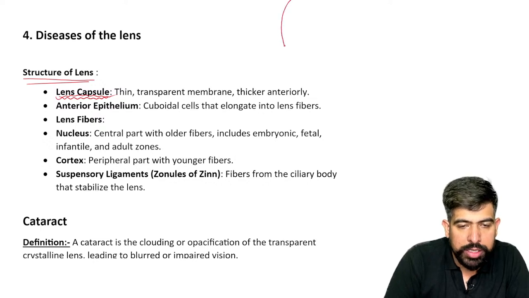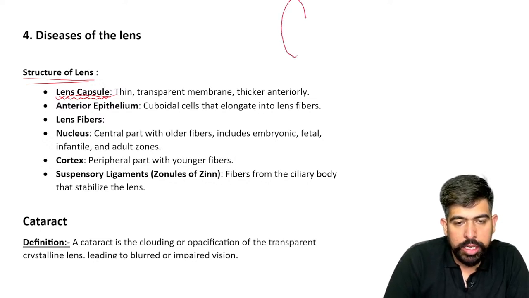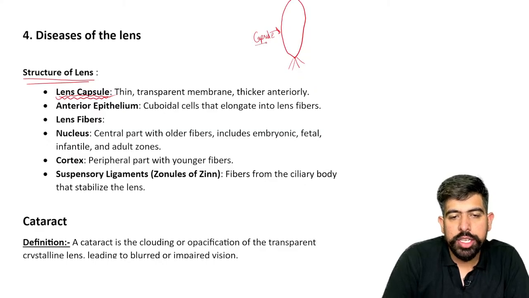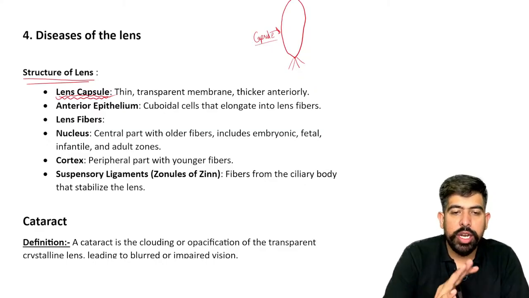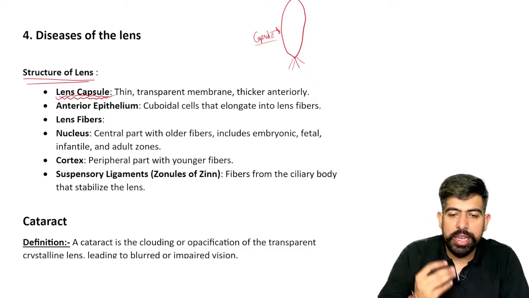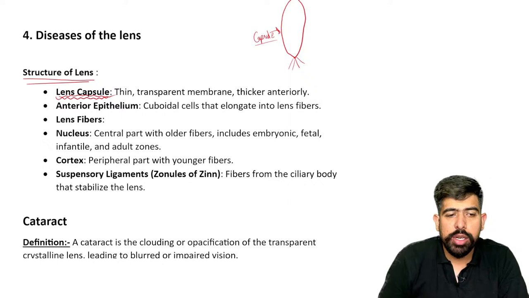The outer part of this lens is the capsule, or we can say the lens capsule, which is covering the lens from the outside.